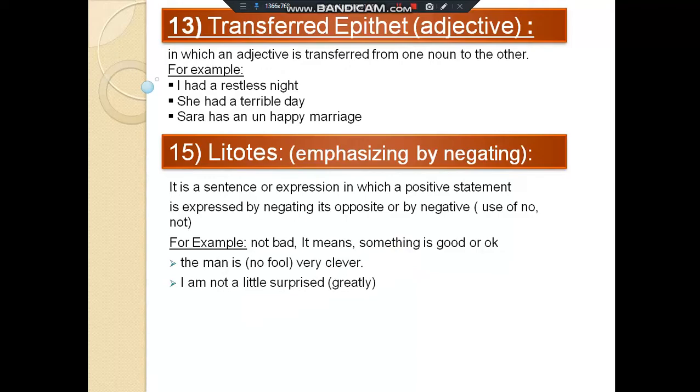A little is used as a negative expression, it means to some extent, that has no significance. But here we are taking it positively. It means that you are greatly surprised. I repeat, by using no or not, you are emphasizing the positive aspect of the expression.